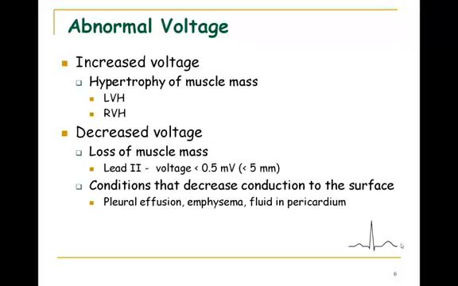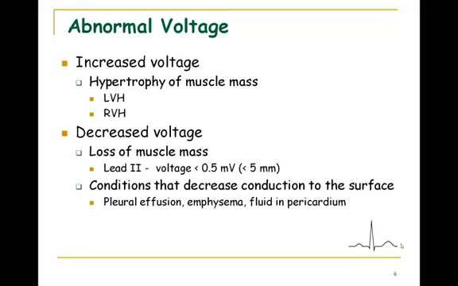A good way to distinguish between a low voltage ECG resulting from decreased conduction to the surface or from loss in muscle mass is this: if you have, say, a pleural effusion or emphysema, you're going to see low voltage throughout the leads. All the leads will be affected.